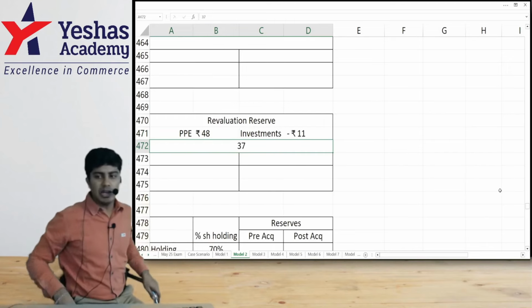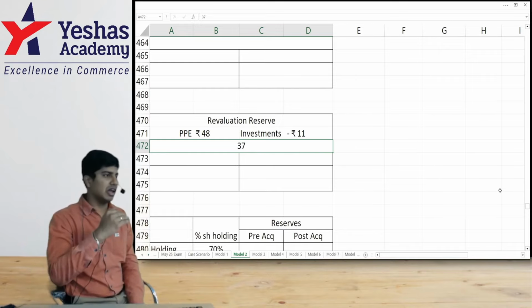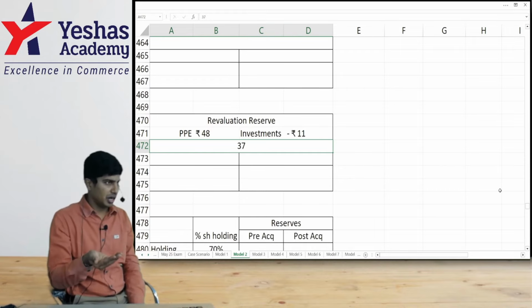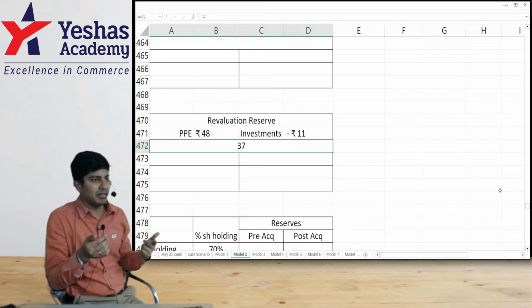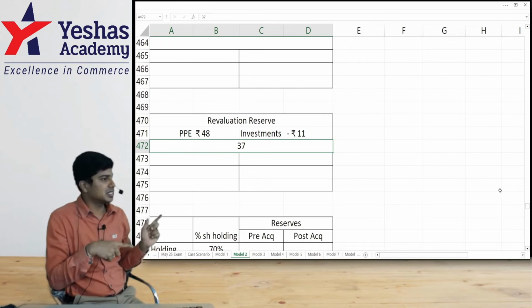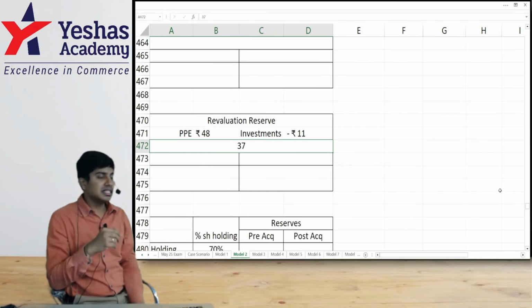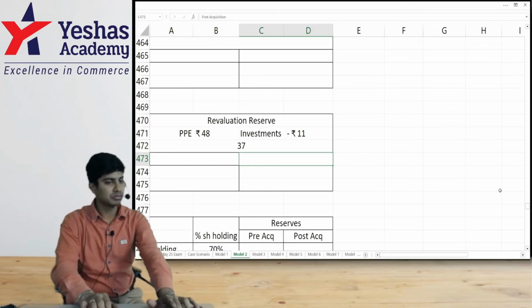When we revalue the PPE upwards by 48, revaluation reserve credit is created by 48. When we reduce investment by 11, revaluation reserve should be debited by 11. Credit 48, debit 11. That's nothing but credit 37. Can I say there is revaluation reserve created to the extent of 37? This reserve has to be analyzed into pre and post. Am I right?